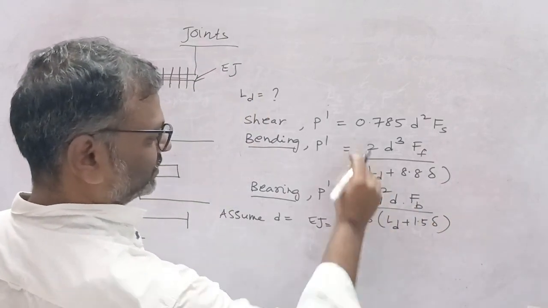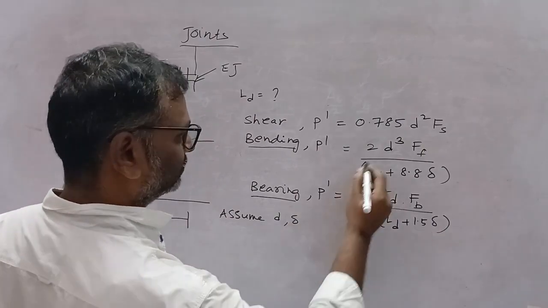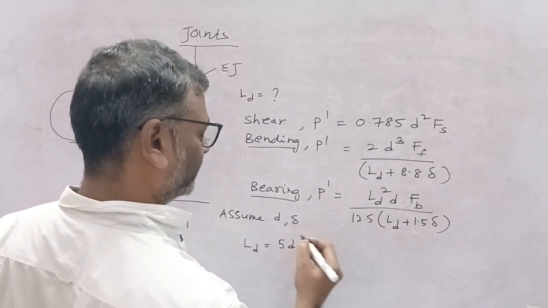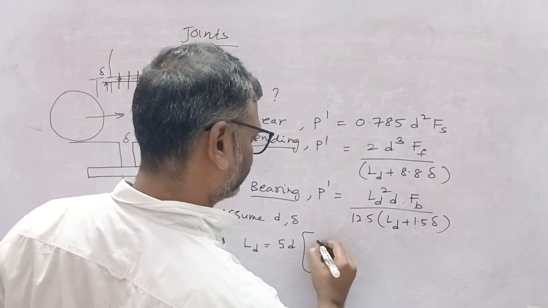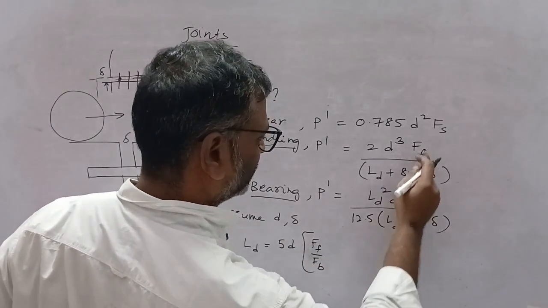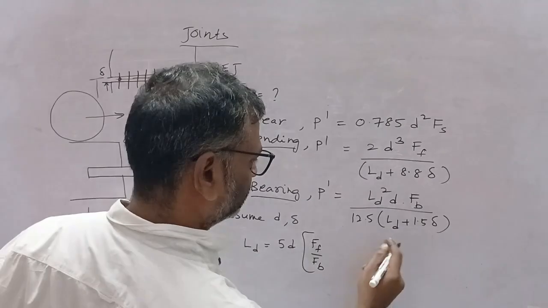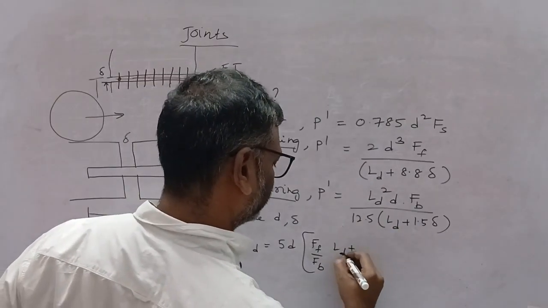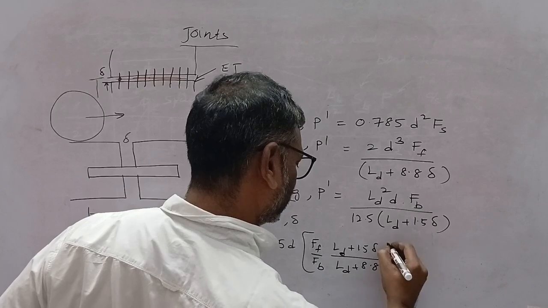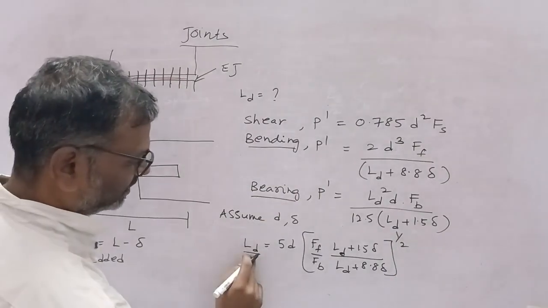If you equate these two equations, you will get Ld as 5d times Ff divided by Fb and d, in the numerator Ld plus 1.5 delta divided by Ld plus 8.8 delta, whole power 1 by 2. And then you will get this Ld.